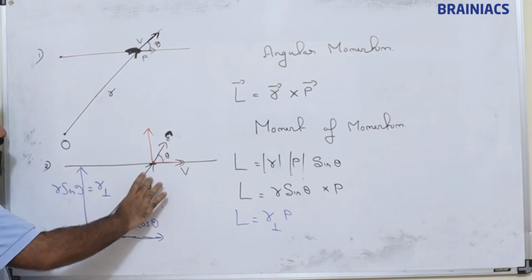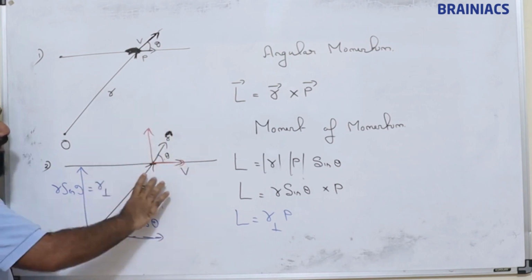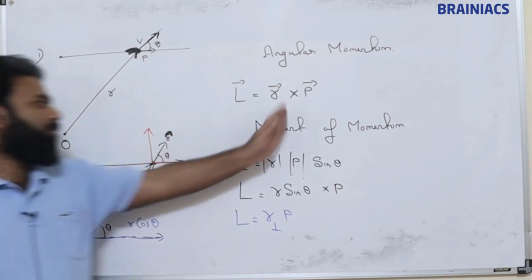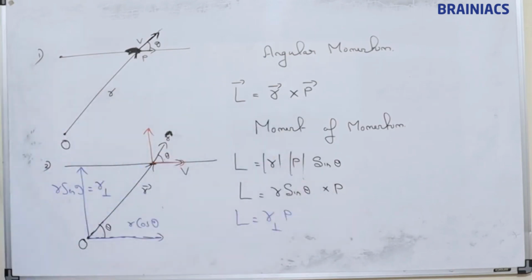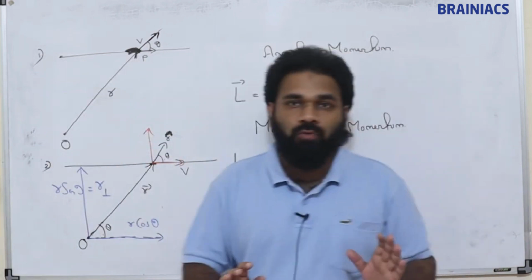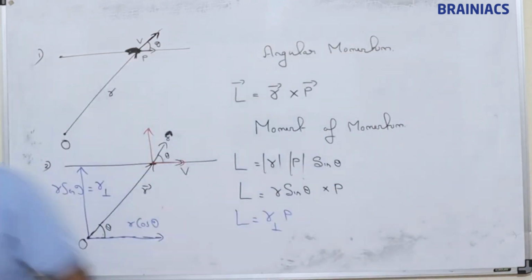So this distance cross this velocity, or the perpendicular component of this into mv. Likewise we can take. So this is the fundamentals of angular momentum. These fundamentals I have discussed just to do a problem in projectile. We will see that. Clear?